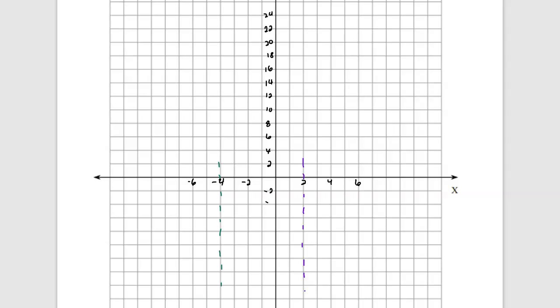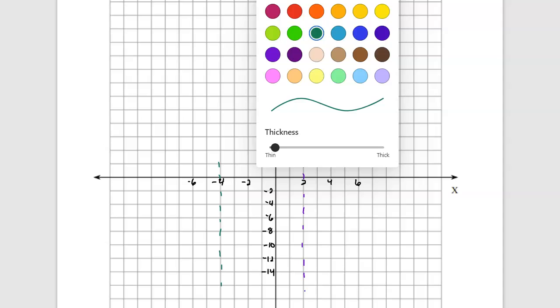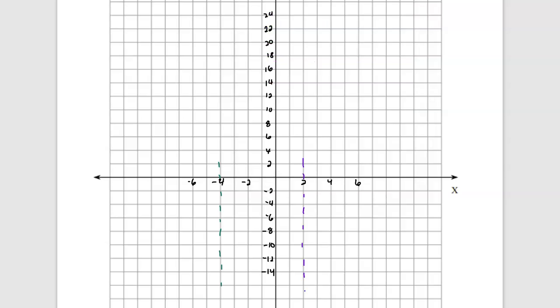And this will be -2, -4, -6, -8, -10, 12, and 14. This way we can at least get it all on our page.